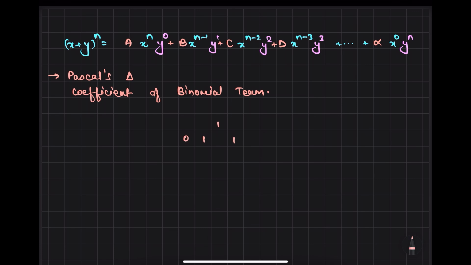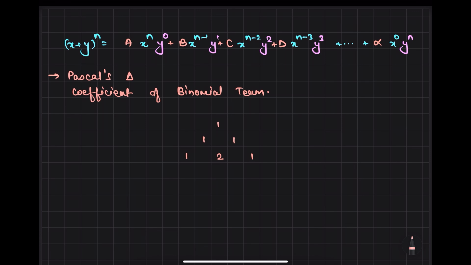Now, in the next row, you add these two things to get the next term, and these two to get the next one. Here it is 0, so 0 plus 1 will be 1, 1 plus 1 is 2, 1 plus 0 is 1. Then again proceed.